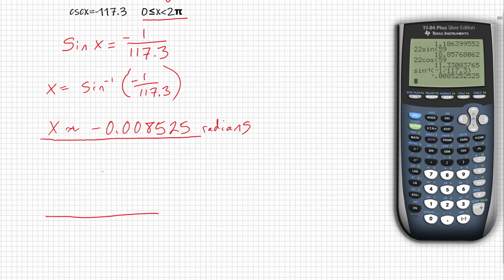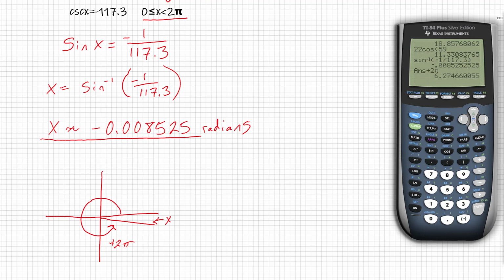Let's put it in standard position. So this is this angle right here. So if we want to put this between 0 and 2 pi, we need to add 2 pi to that. So that's easy. We'll just hit plus 2 pi.